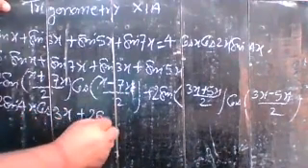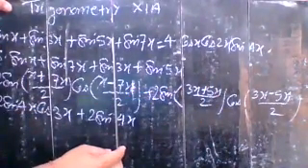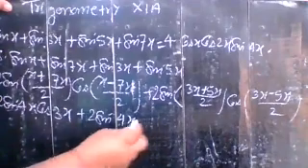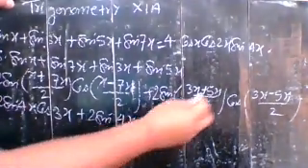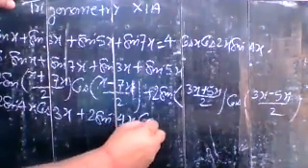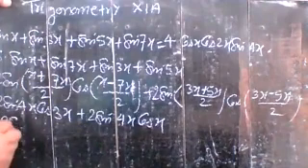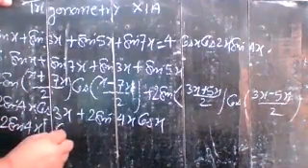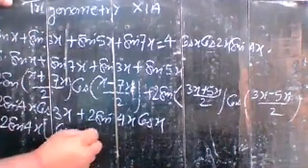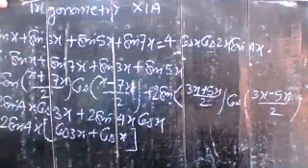Plus 2 sine 4x, and here you have again cos of minus 2x by 2, so that is cos x. So here you write cos x. Now 2 sine 4x is common. So what you have here, you have cos 3x plus cos x.